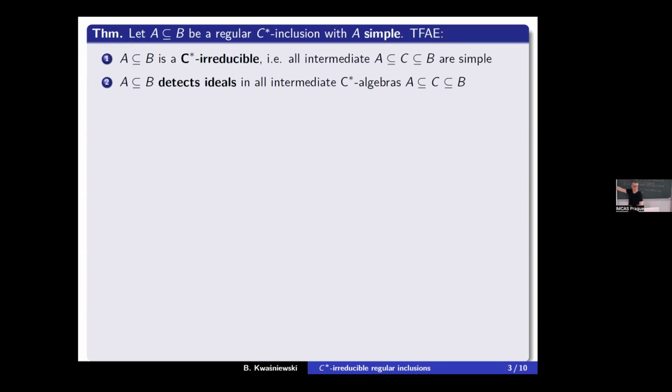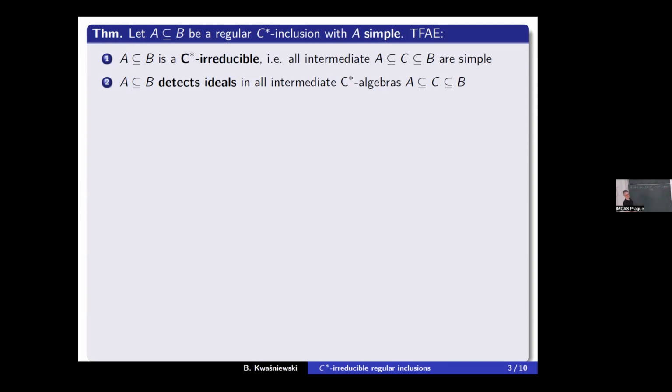Secondly, this is a condition which often appears. In general, we say that A detects ideals in B, or that A has the intersection property, and the inclusion has the intersection property, if for every closed ideal I in B, if I is non-zero, then its intersection with A is non-zero.